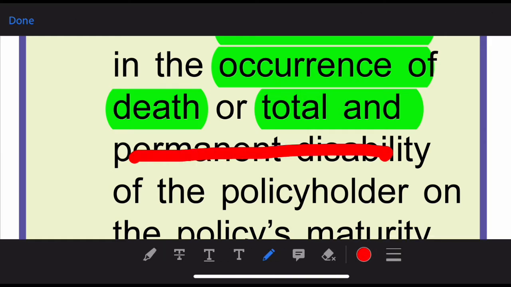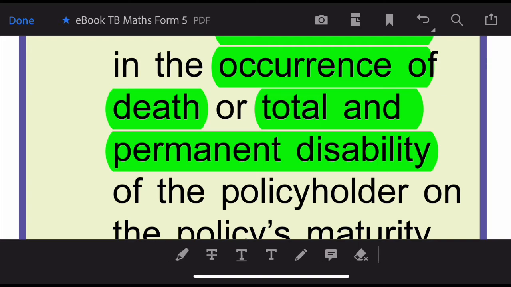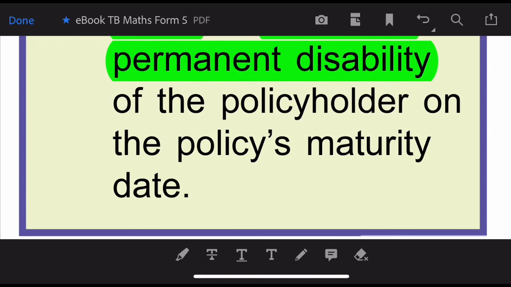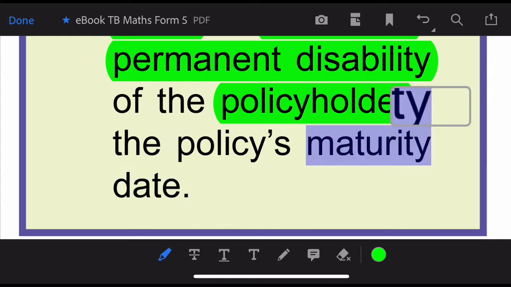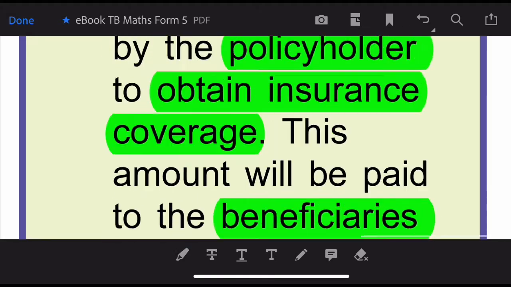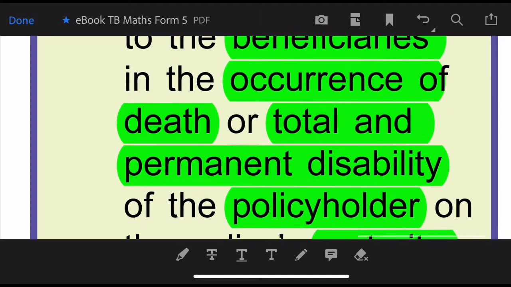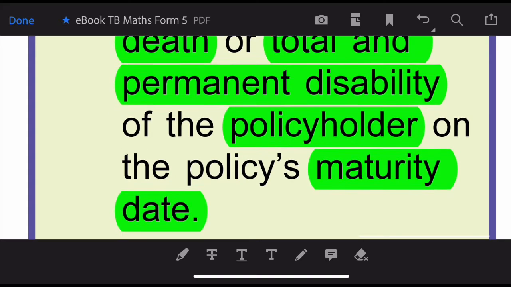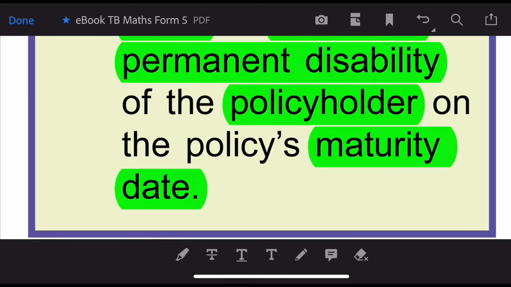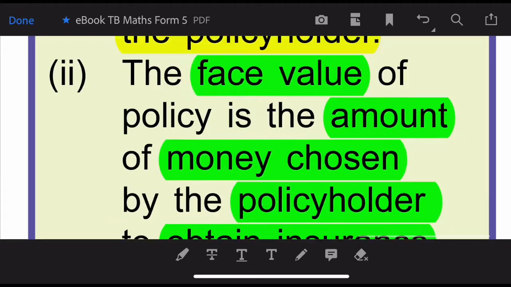It must be paid to the beneficiary in the occurrence of death or total permanent disability of the policyholder on the policy's maturity date. So this is very important.